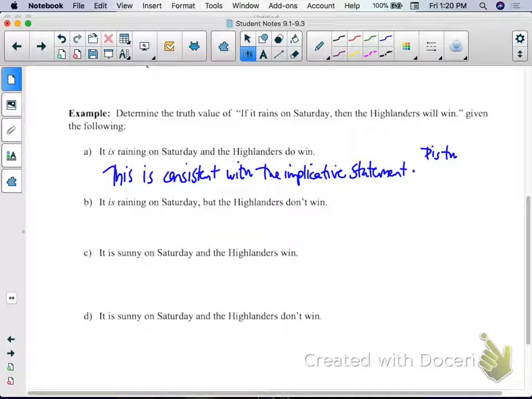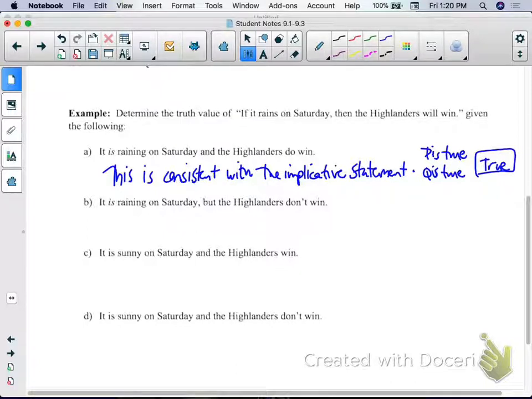P is true, Q is true, so true. So overall, because both parts happened, and that's what the statement said, then it's true.